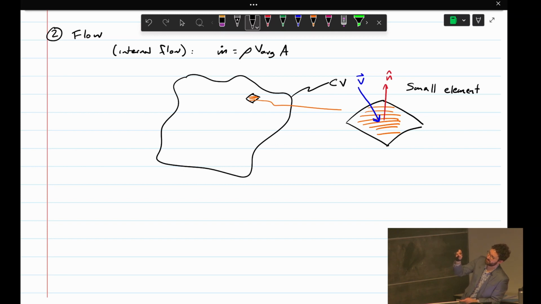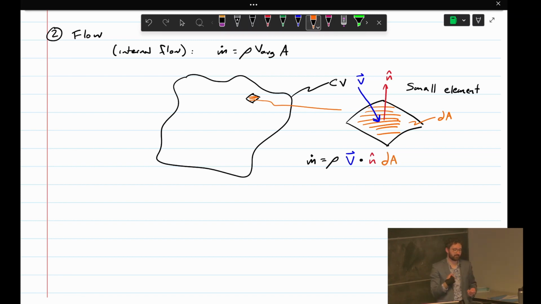So our small area has this normal vector, which tells us exactly the normal direction of the surface by definition. We're also going to call the area of this element dA. So the m dot there is going to be rho times the velocity vector dotted with our normal vector, times the area. This is just rho v normal times A.